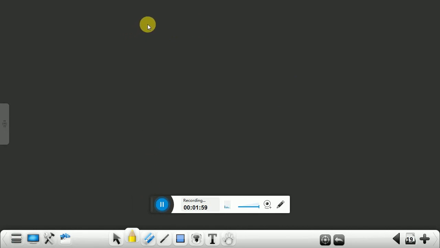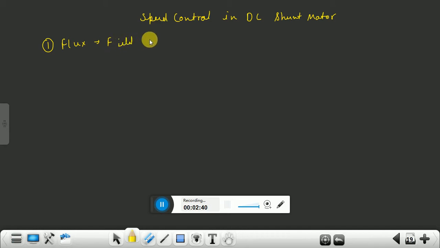So speed control in a DC shunt motor is possible by, first, the flux, that means field weakening method.